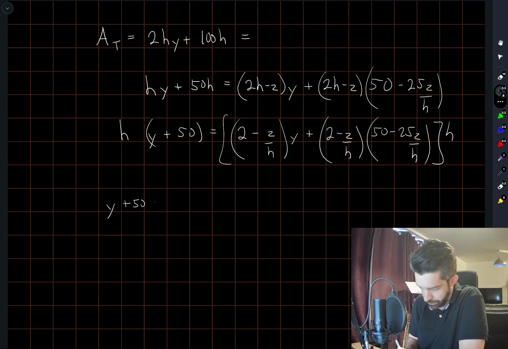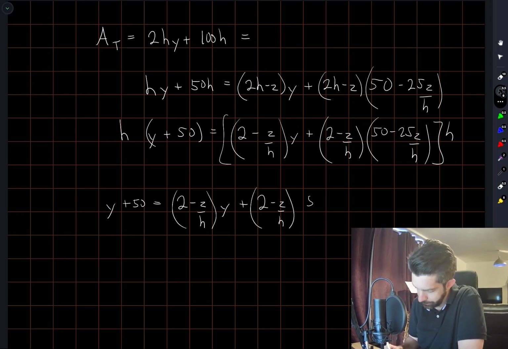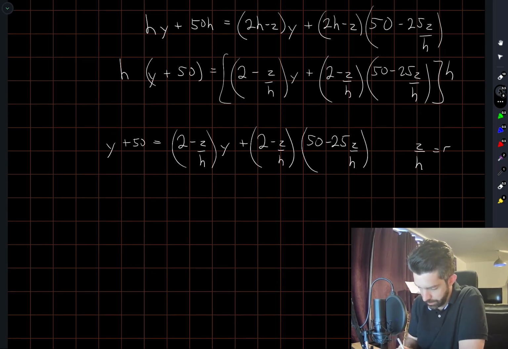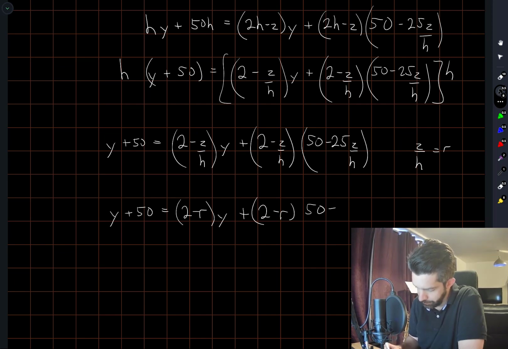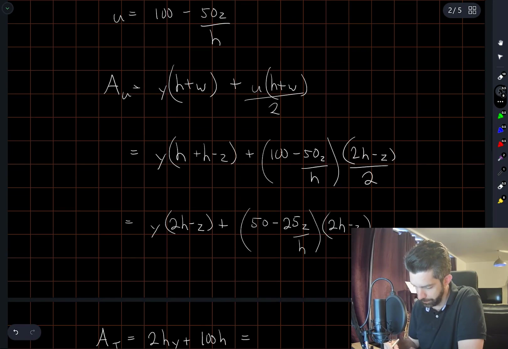So z over h I will call r, the relative height. Y plus 50 is equal to 2 minus r y plus 2 minus r times 50 minus 25r. And I know that y is equal to 75, I believe, from earlier.